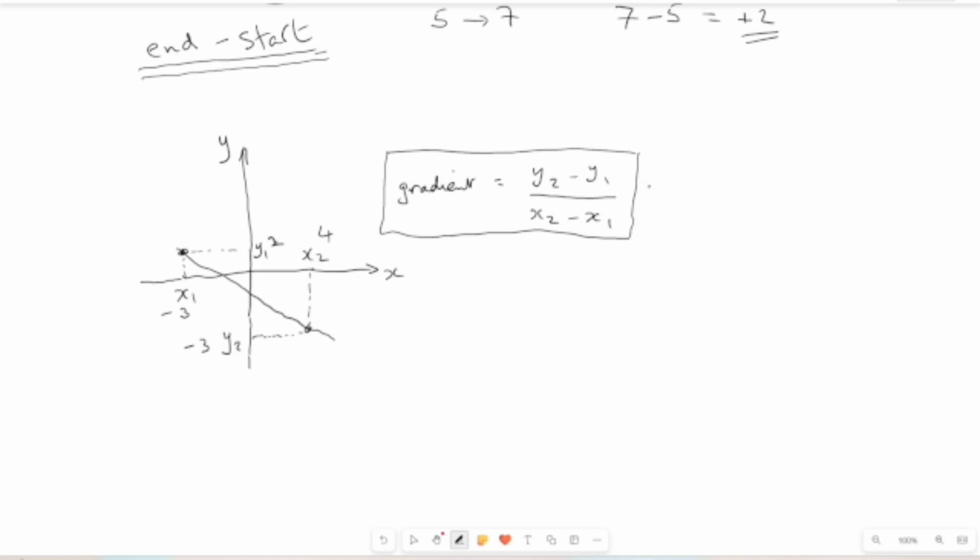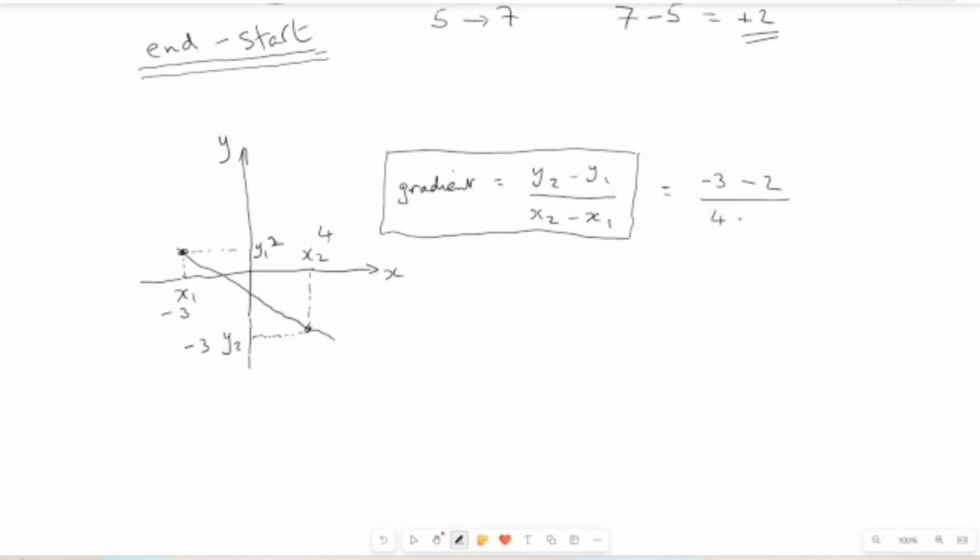So now we put the numbers in. Y2, where's y2? Oh, it's down here, so that's -3. And then we've got the minus sign, minus, and what's y1? Well, y1 is +2, okay? So we'll just write that in as a 2. We divide that by x2, which in this case was +4. Just write 4.